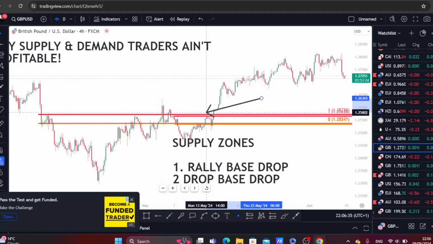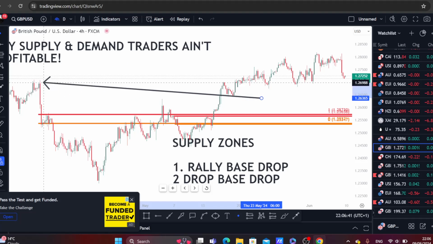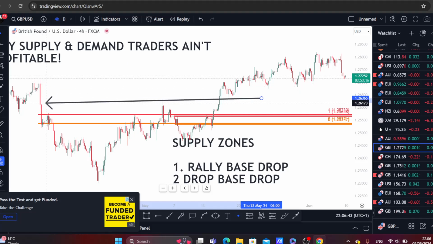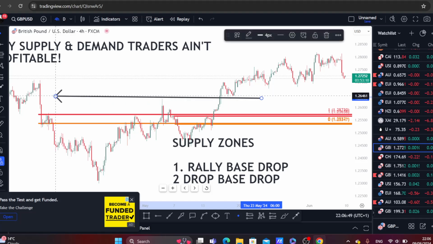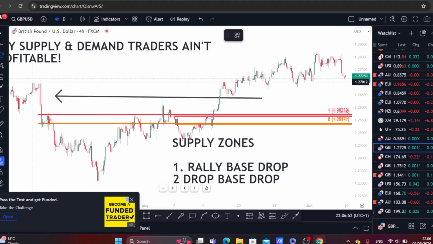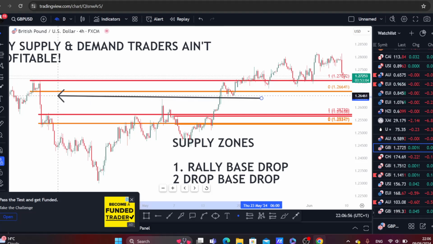The next zone to your left was that zone there, rally base drop, which is the reversal zone. Okay, so let's plot our zones, and as you can see, that did not work.